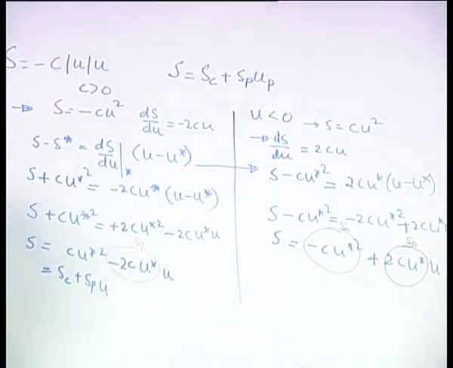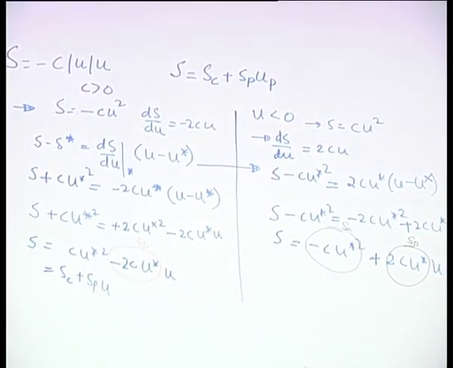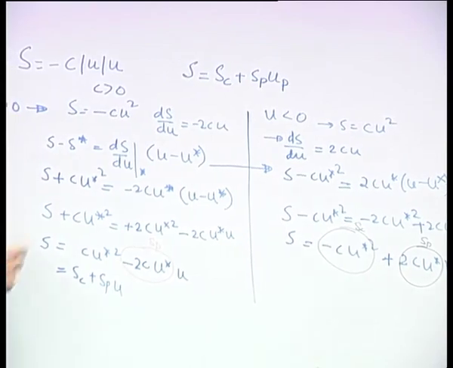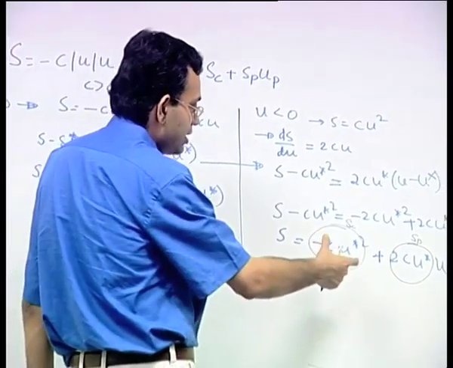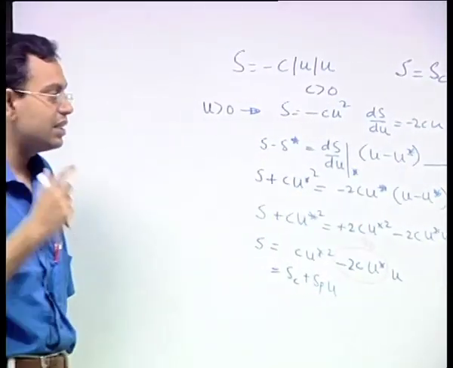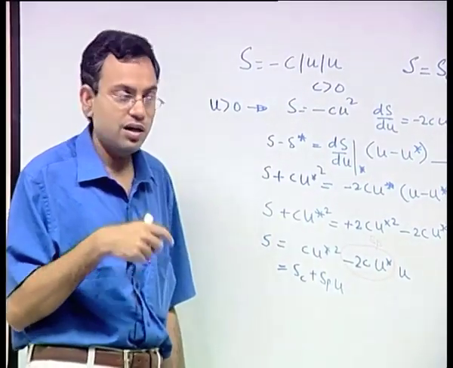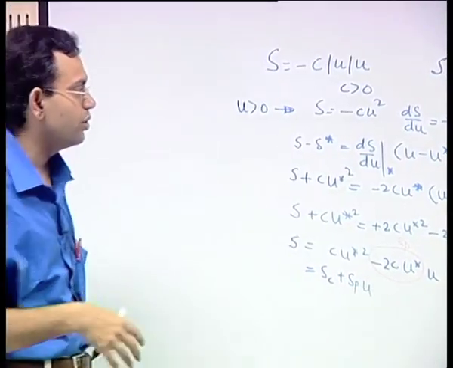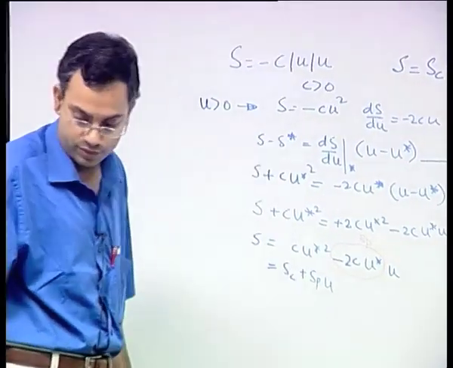So, this source term linearization is also fine. For both u greater than 0 and u less than 0 you can get expressions. You can combine these two expressions by expressing the entire thing in terms of mod of u again, but we do not go into those details for this review.